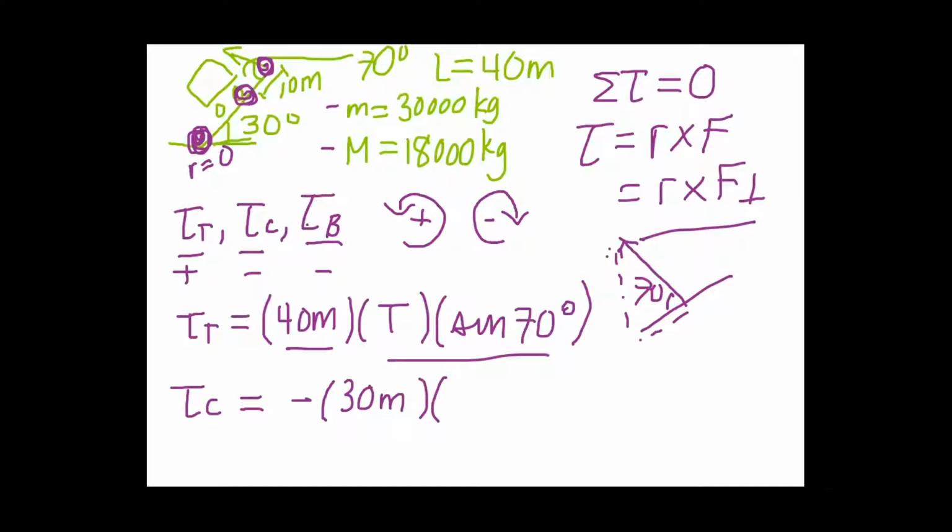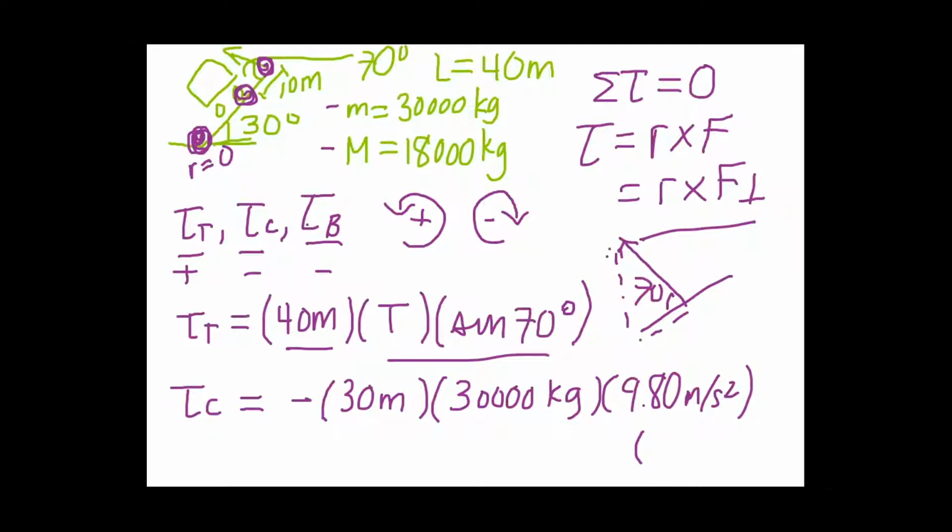My force is going to be mg, so 30,000 kilograms times 9.80 times. And do you think I'm looking at the sine of theta here or the cosine of theta when I'm talking about the perpendicular force, Bhavdeep?